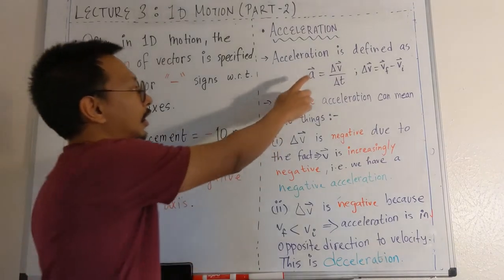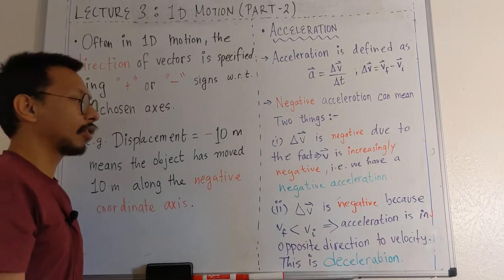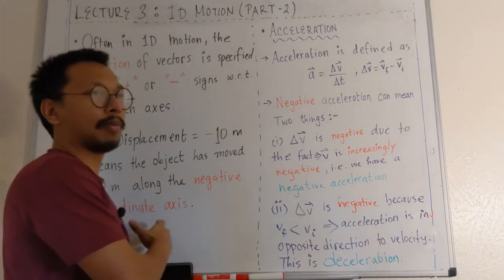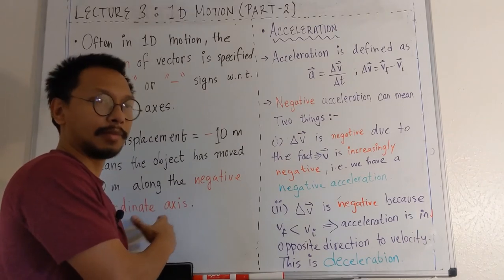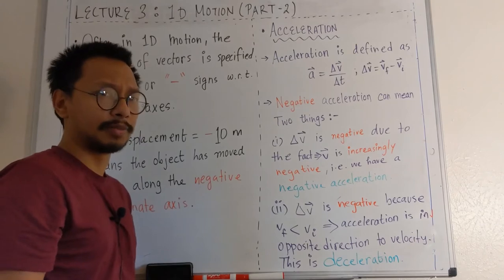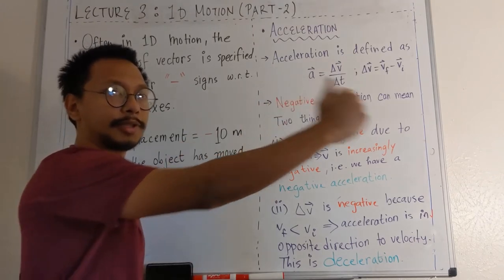Now a negative acceleration can mean two different things. In the context of most other vectors like displacement, negative acceleration can mean that the object is moving in the negative coordinate axis direction with increasing speed.